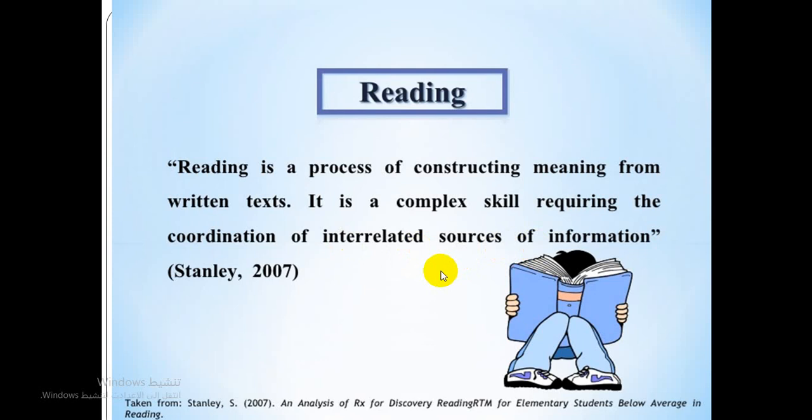So reading is learning to identify words and to get their meaning. Reading is learning to pronounce words. Also, reading is learning to bring a meaning to a text in order to get meaning from it.